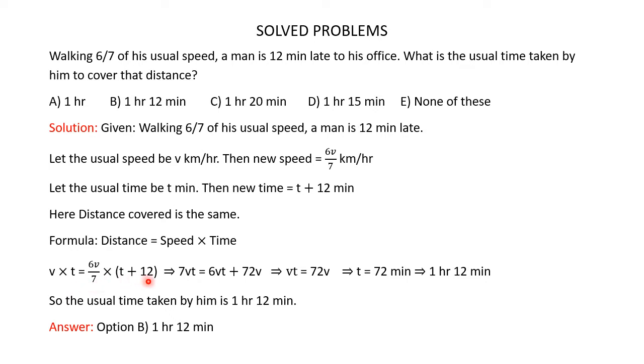On solving this, we get t is equal to 72 minutes, which is nothing but 1 hour 12 minutes. So the usual time taken by him to cover the distance is 1 hour 12 minutes. So the correct answer is option B, 1 hour 12 minutes.